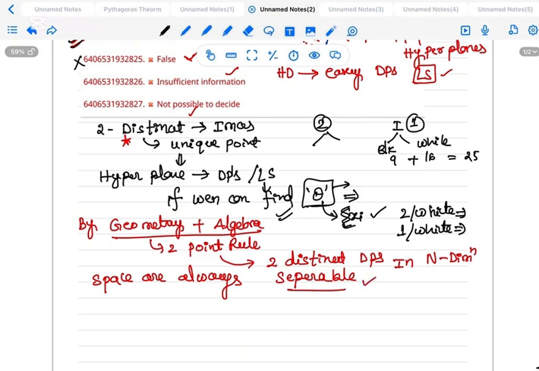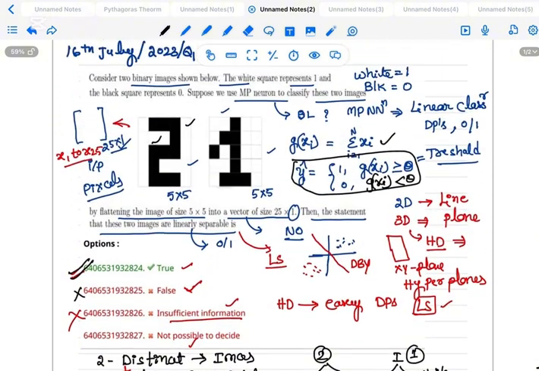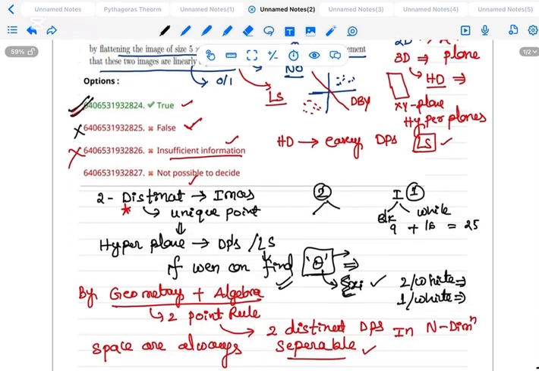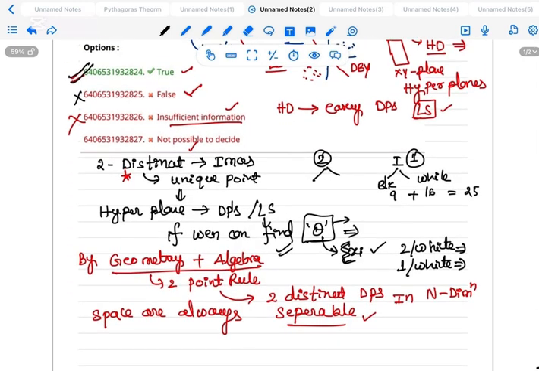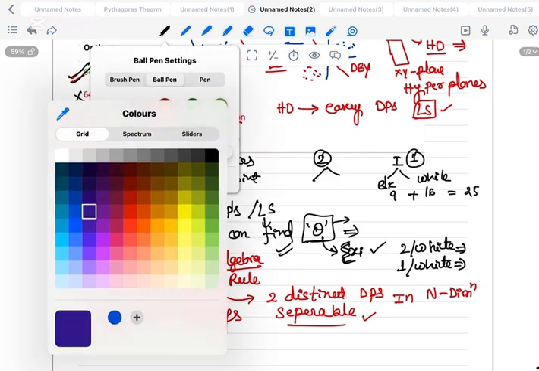So by using this theorem we can separate these two data points. So the option 'insufficient information' is wrong. We have sufficient information, and we can separate these two images. So that is correct, and 'not possible to decide' is also wrong. It is possible to decide that these two images are linearly separable.